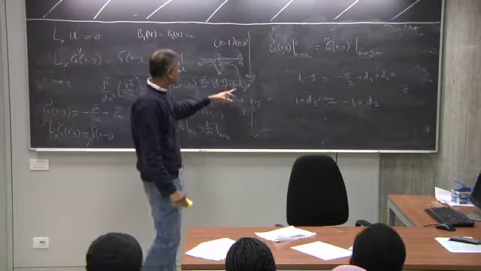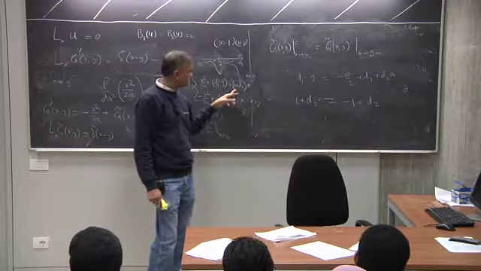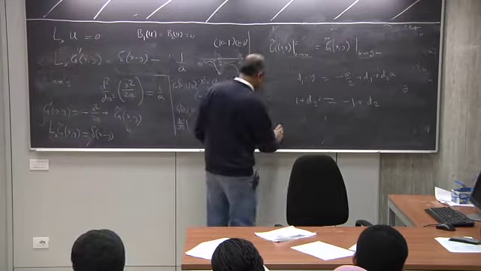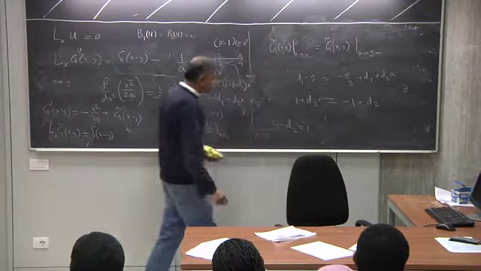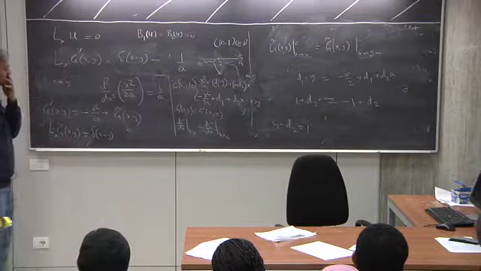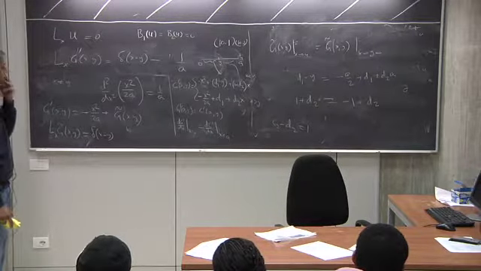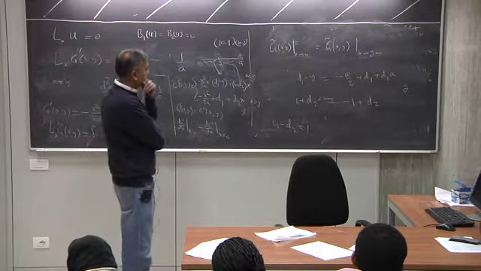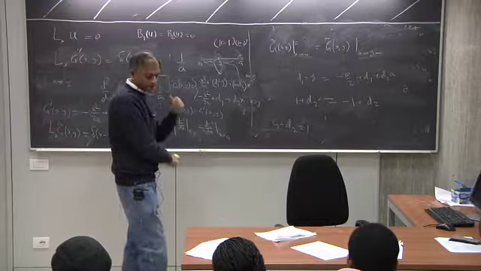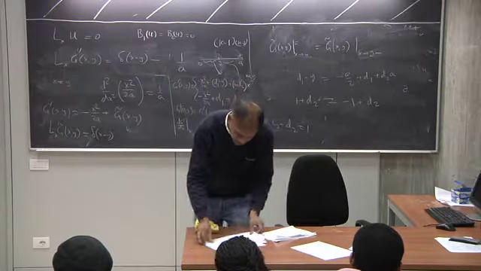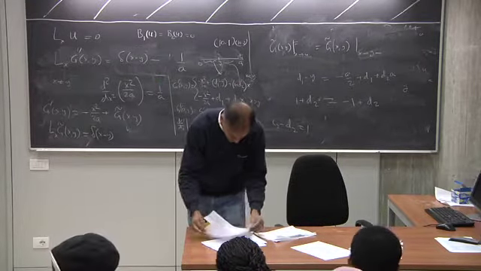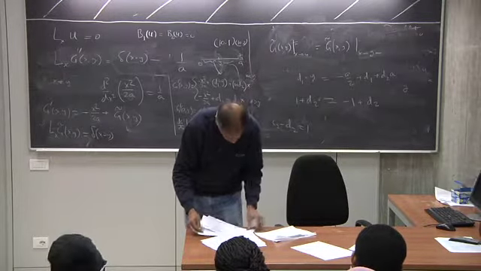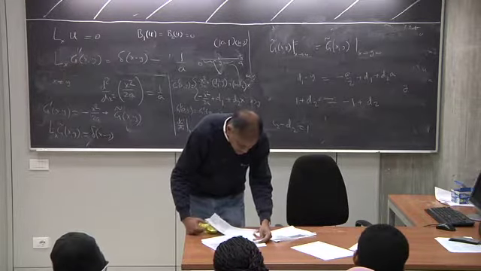What was the equation? d1 minus d2 was equal to 1, was it? No, C2 minus d2 was 1. This is correct, right? So therefore C2 is 1 plus d2. So what's going wrong here? Is it 1 or minus 1? I must have made some silly algebraic mistake there.